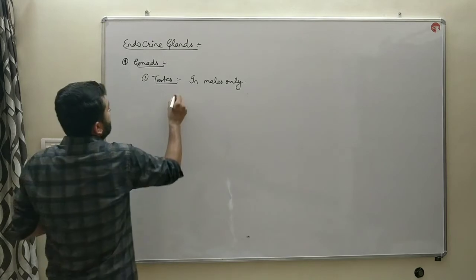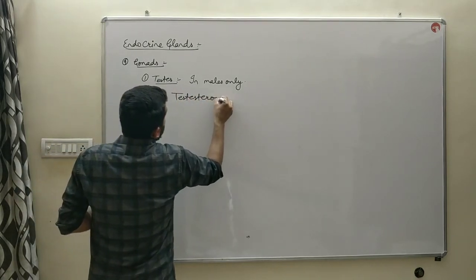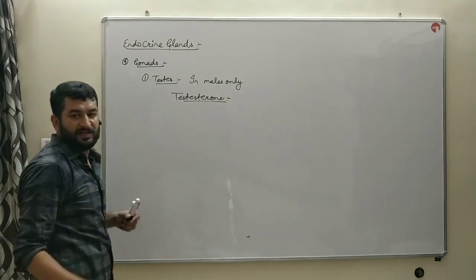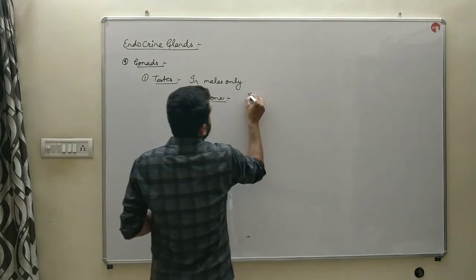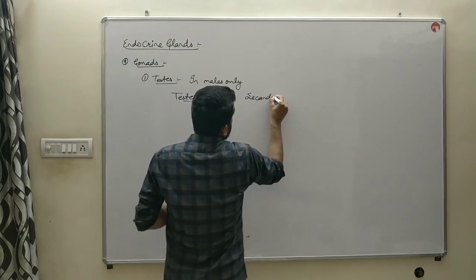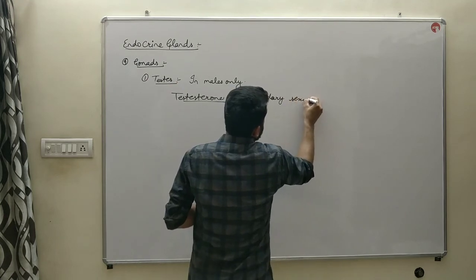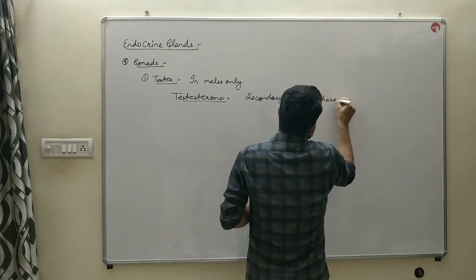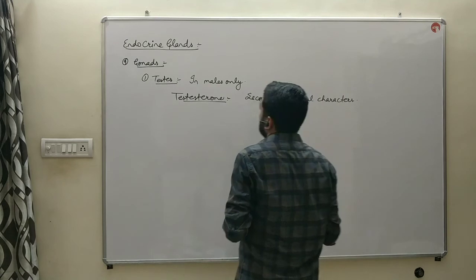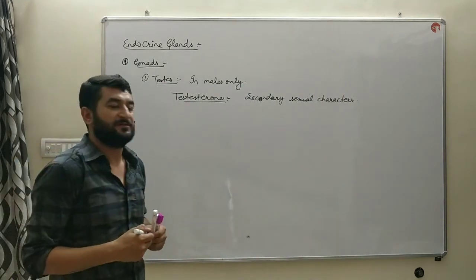But here you will study the hormone secreted by them, and that hormone is testosterone. Testosterone is responsible for the secondary sexual characters in males, as well as it is responsible for the production of sperm in the testes of males.